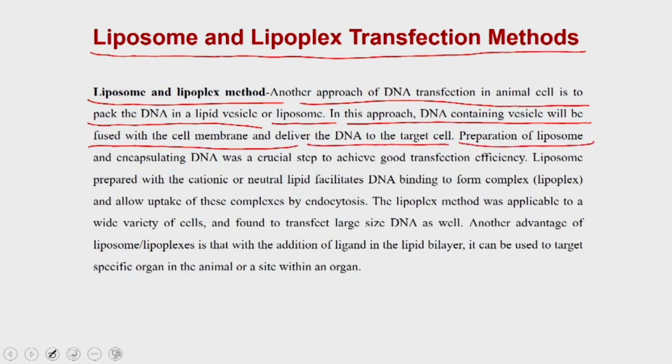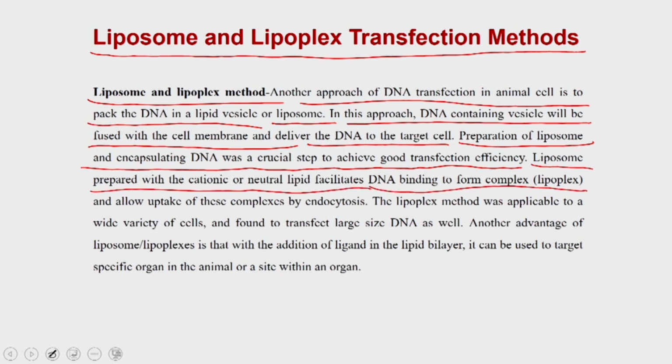The preparation of liposomes and encapsulation of DNA is a crucial step to achieve good transfection efficiency. The liposome prepared with cationic or neutral lipids facilitates the DNA binding to form complexes.